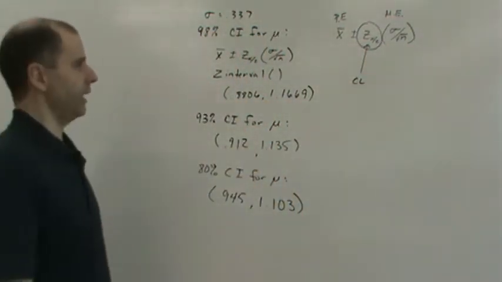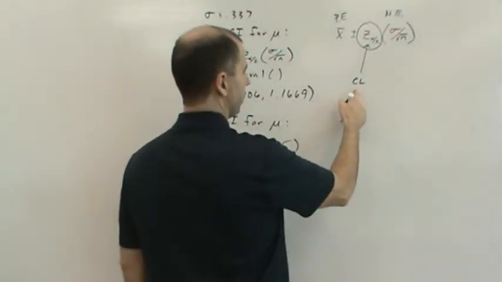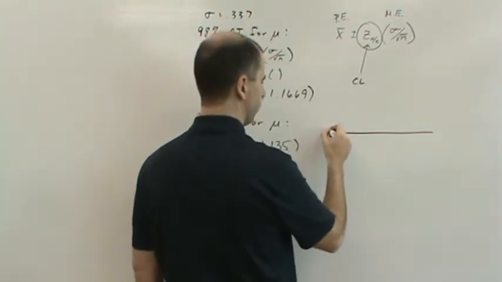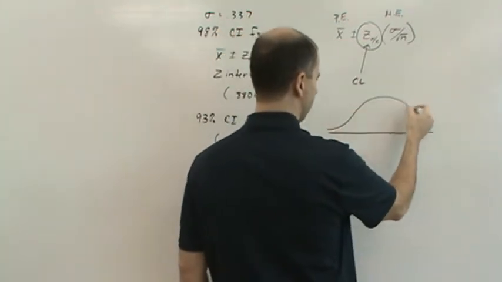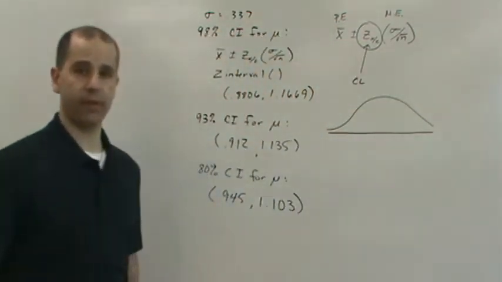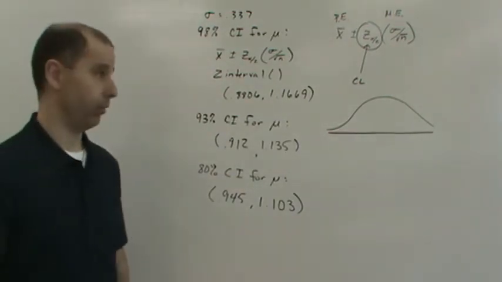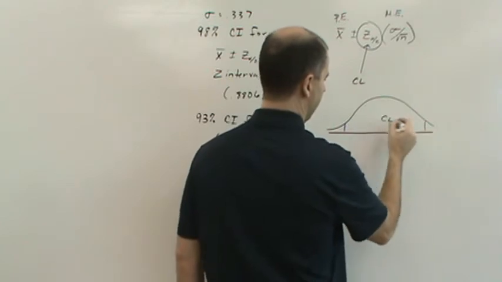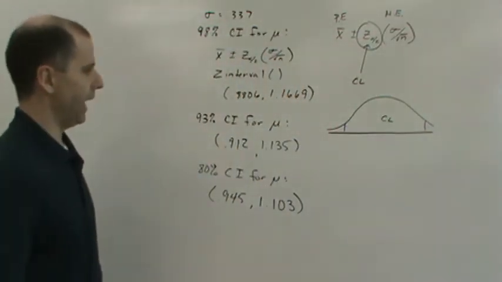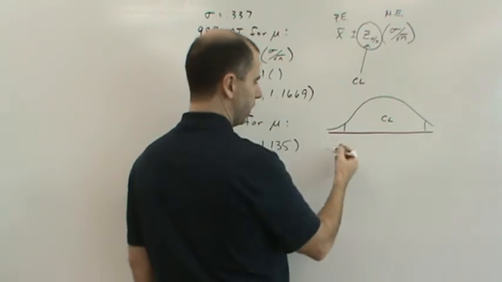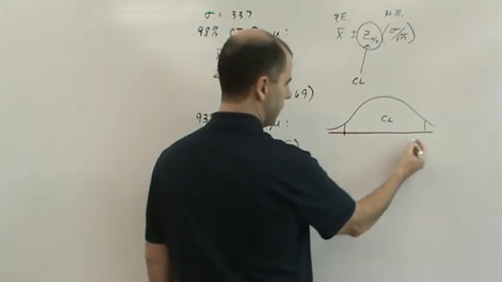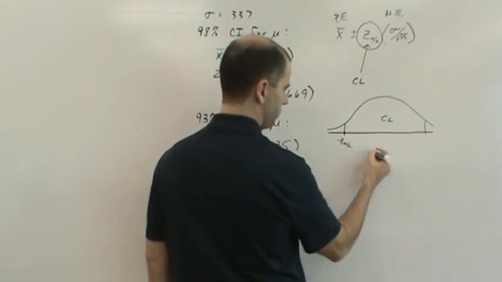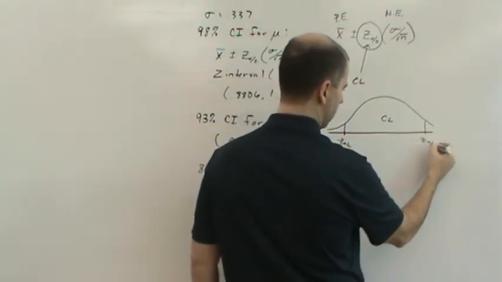And so what's going on here? As the confidence level is increasing, look what's happening to the middle. Remember, what does the confidence level represent? It's the middle area. So as the middle is getting bigger, what's happening to negative z alpha over 2 and positive z alpha over 2?